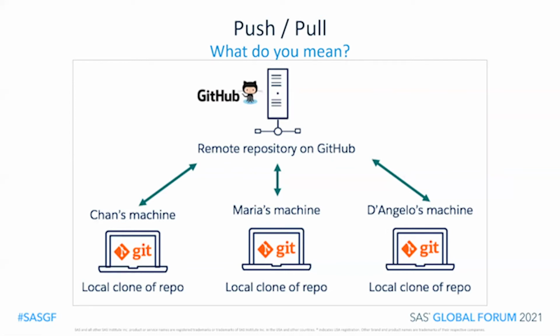Pushing and pulling is the action of connecting and reaching in and extracting, or pulling back, those changes, and pushing is doing the connection and pushing a copy of the changes we made for our branch or for our work to the remote repository.